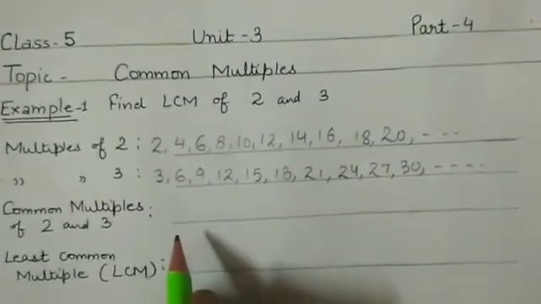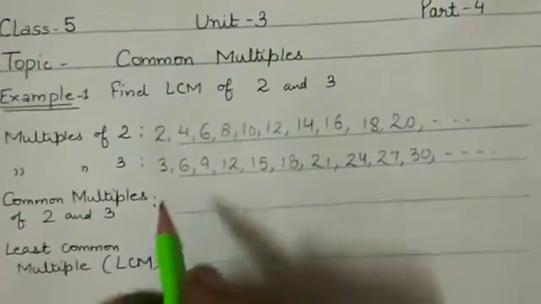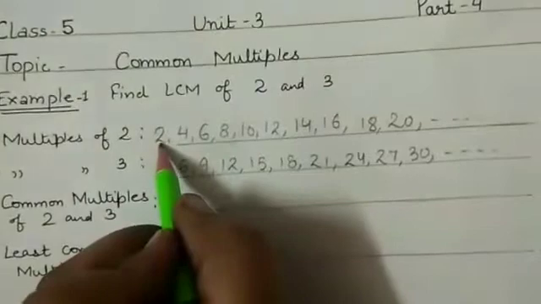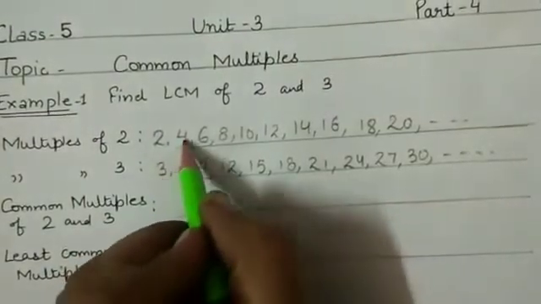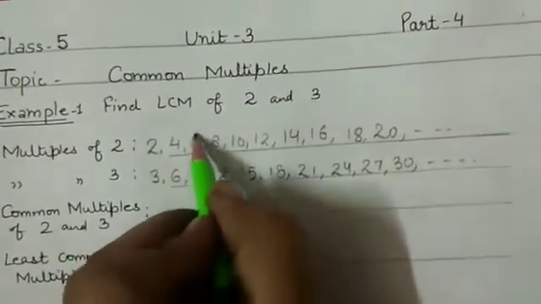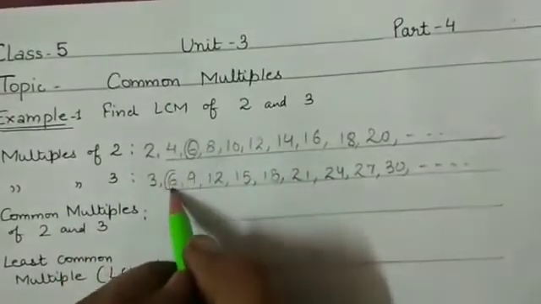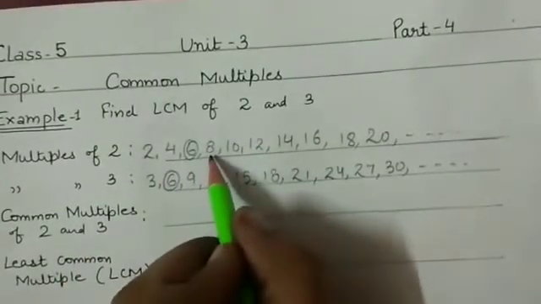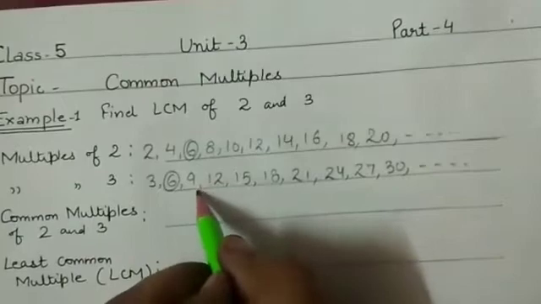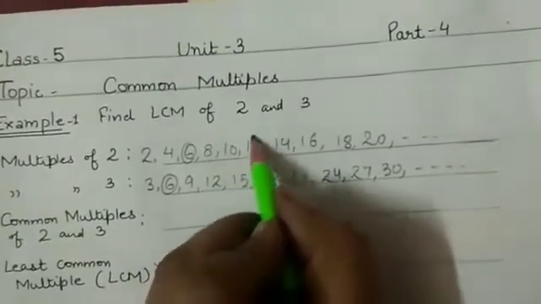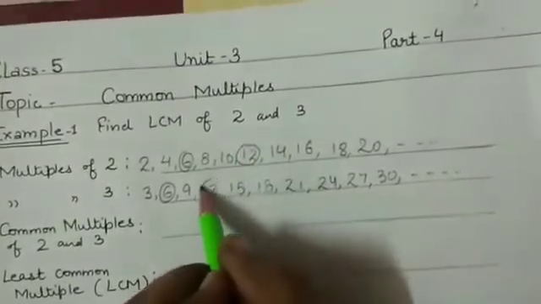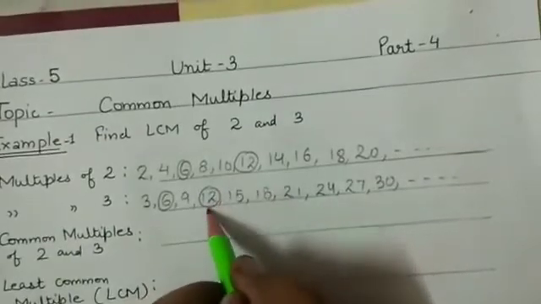Now let us look for the common multiples. 2 not here, 4 not here, 6 that is in both of these numbers. 8 no, 10 no, 12. 12 is in the multiples of 2 and 3 both.